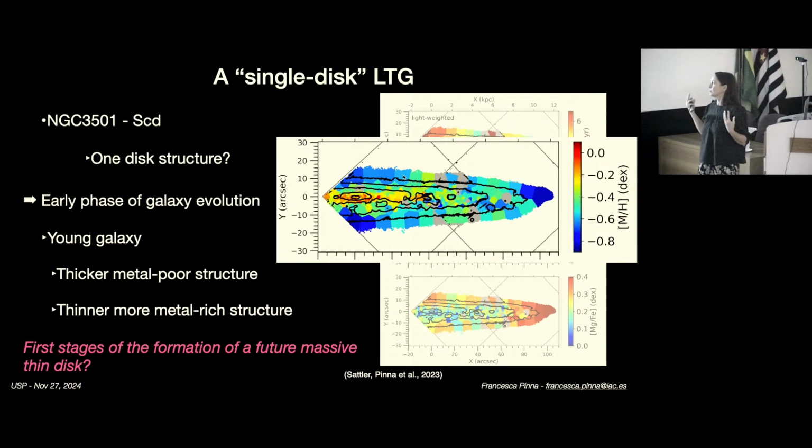These results are actually supporting the idea that this kind of galaxies, apart from having a slower evolution, also show this in their thick and thin disks, and that galaxies first form a thicker structure and then later on a thinner structure. And this galaxy probably didn't have time yet to fully form a thin disk, which is starting to form just in the inner region.